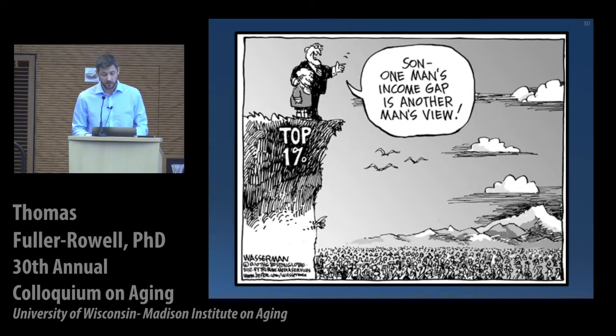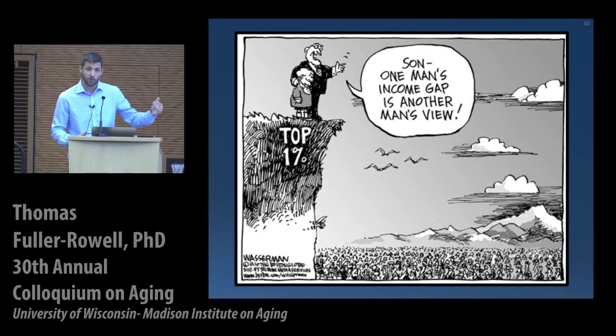Okay, so one thing is clear: it's pretty good right now, and it has been getting better over time for the people at the top. Regardless of whether we define the top as the top 1% or the top 20%, it's pretty clear that things are going well for those at the top. But as the gap between those at the top and everyone else increases year by year, it's very likely that the journey from the bottom to the top could also be getting more and more difficult, and the chances of making it from the bottom to the top might be changing.